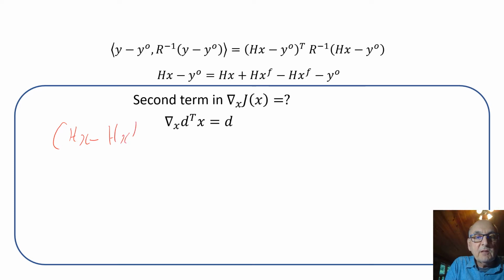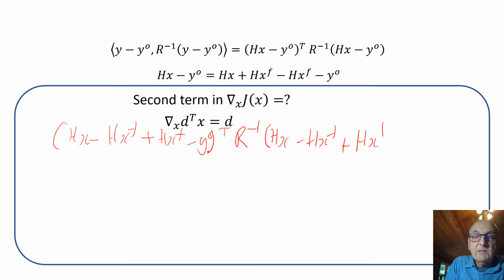Okay, so let's write this complicated expression out, right? This first thing, I'm just plugging in the expression of hx minus yo. This is plus hxf, so I'm adding and subtracting hxf, right? Minus yo, transpose R inverse, and then that same thing, hx minus hxf plus hxf minus yo, right?